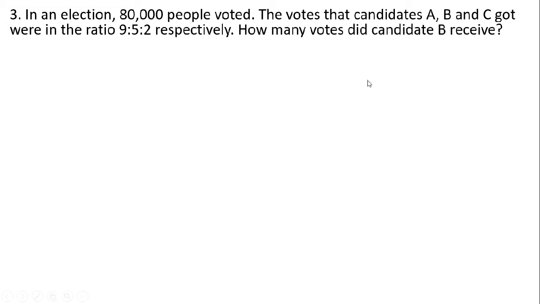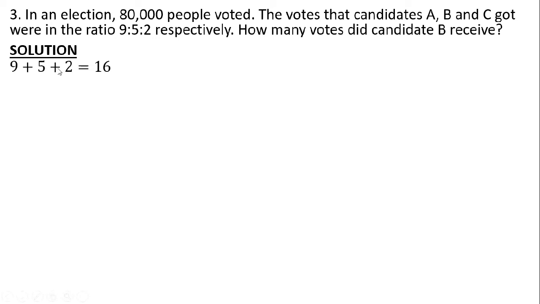So we'll solve this one like the way we solved the second one, where we'll get the number of equal parts first, and then we'll form a fraction to find how many votes candidate B received. So we are going to say 9 plus 5 plus 2, which is going to give us 16.